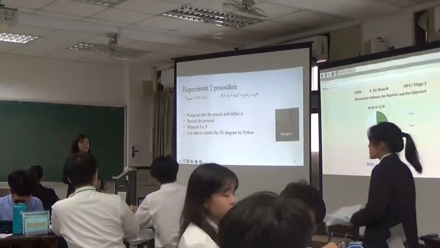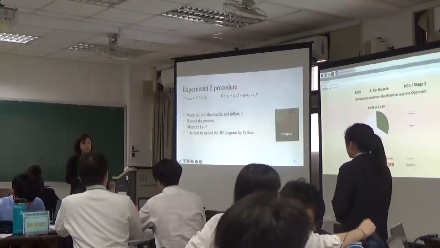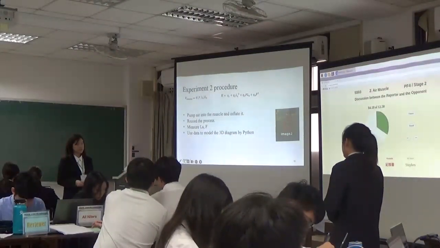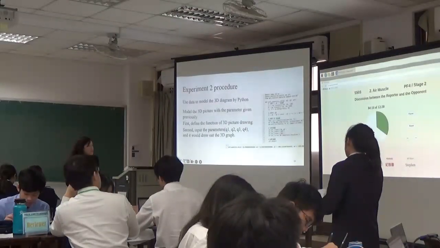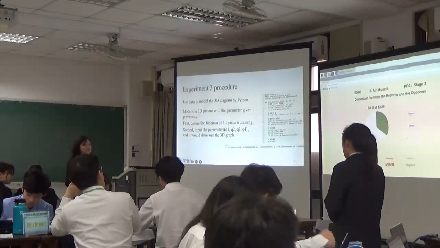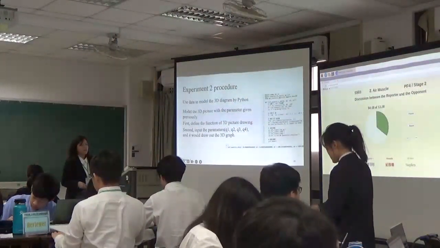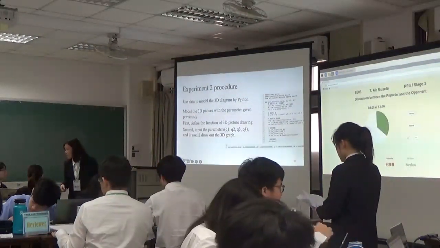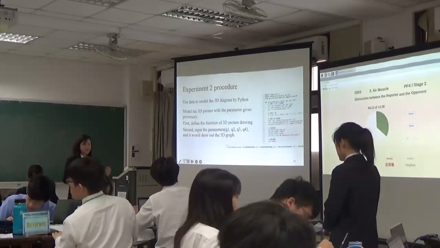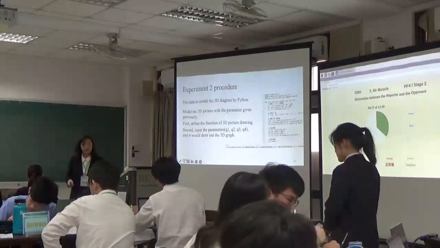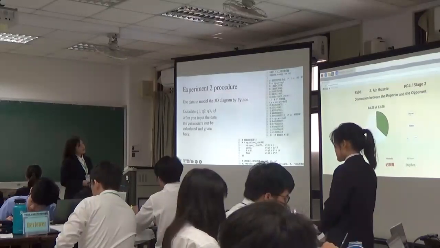Okay. Then, do you consider changing another material for the mesh? What do you think it will change? No, because when you change the material of the net, the result will change.